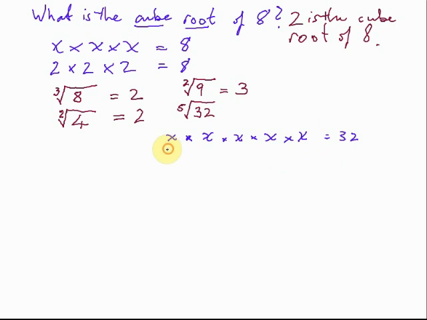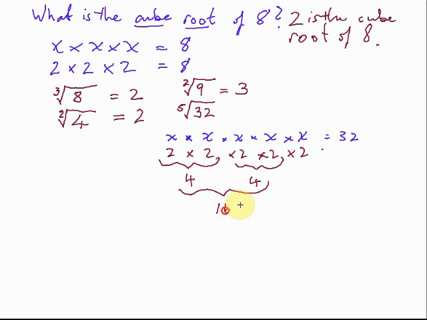Well, let's try 2. 2 times 2 times 2 times 2 times 2. Does that equal 32? Let's check it out. 2 times 2 is 4, times 2 is 8, times 2 is 16.